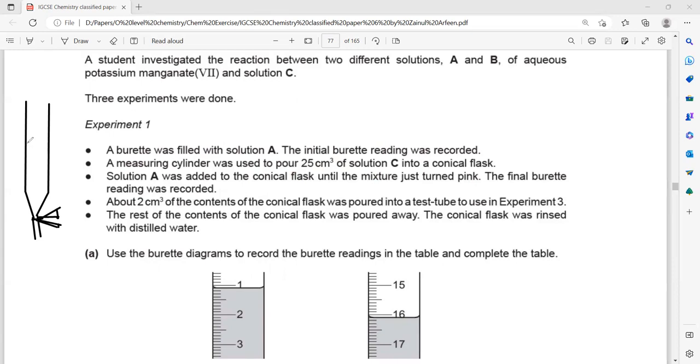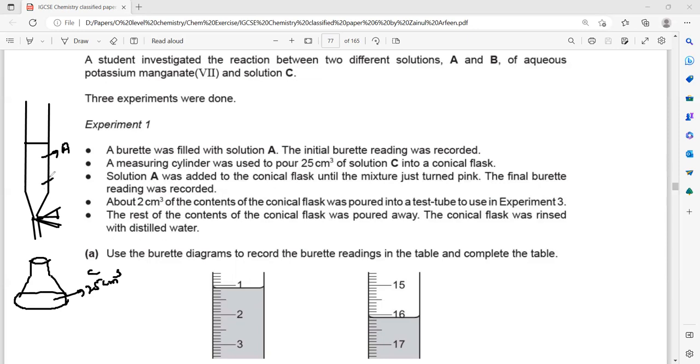This was solution A. And the conical flask was filled with 25 cm cube of solution C. And then solution A was added into the conical flask until the mixture just turned pink.